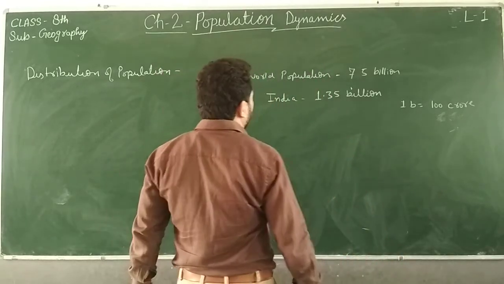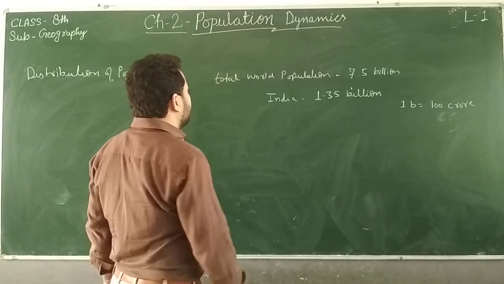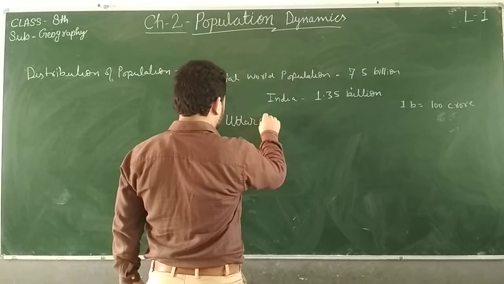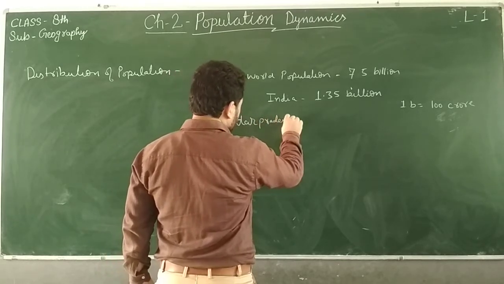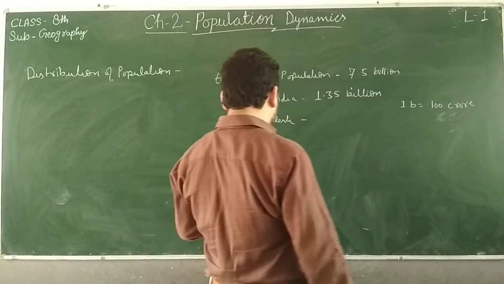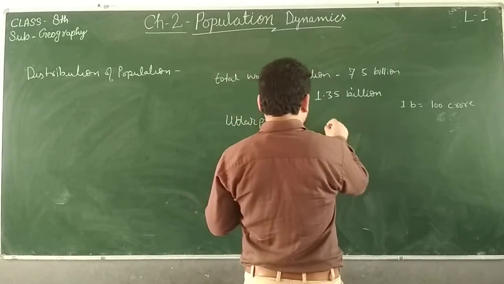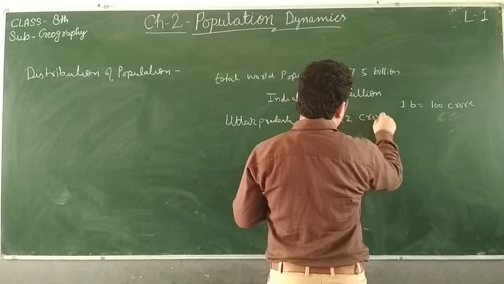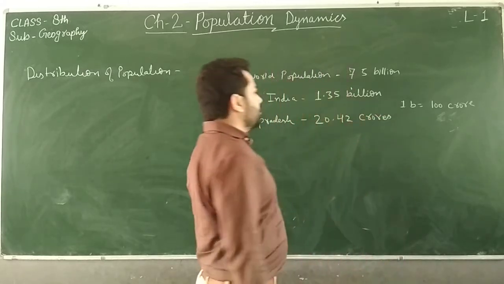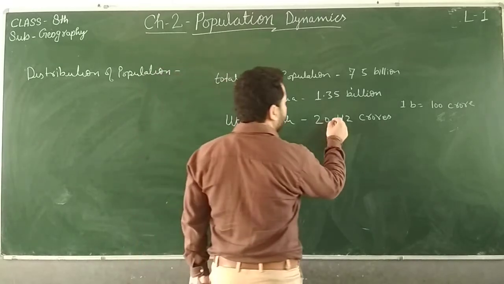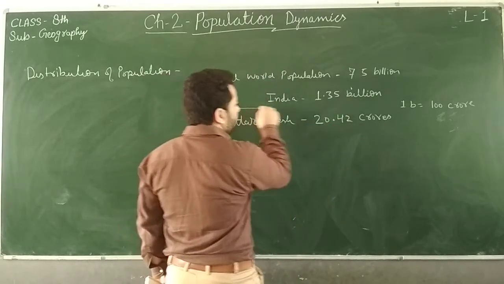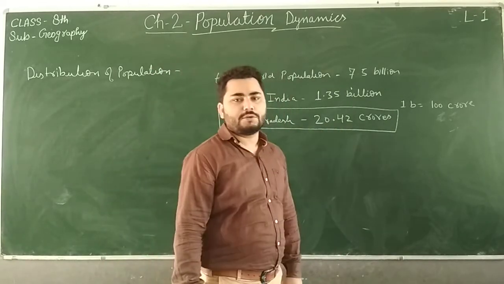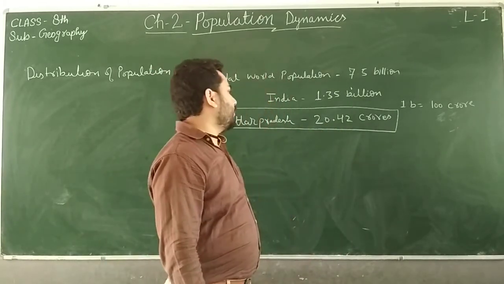And in India, where do we live? We live in Uttar Pradesh. So we should know the population of Uttar Pradesh also. The population in Uttar Pradesh is 20.42 crores.